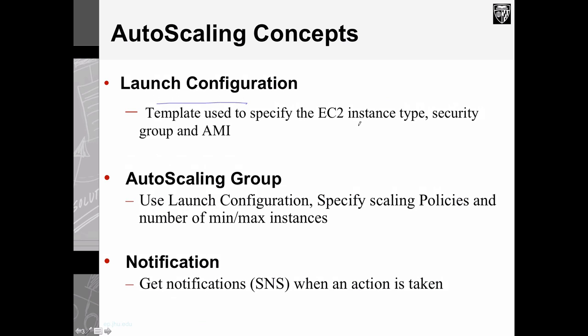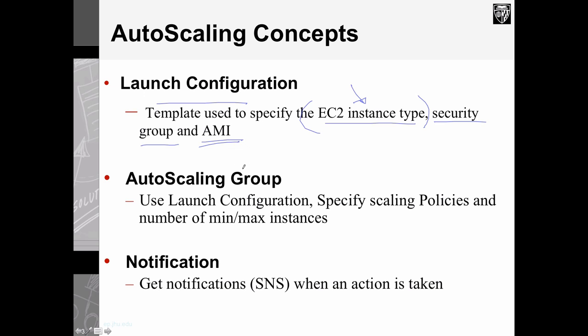Launch configuration specifies the EC2 instance type, whether we want a large instance, a small instance, or a micro instance, the security group that we want those instances to use, and the AMI or the operating system we want to use. In addition, we need to specify the SSH key pair we want our EC2 instances to use when they are started by autoscaling.